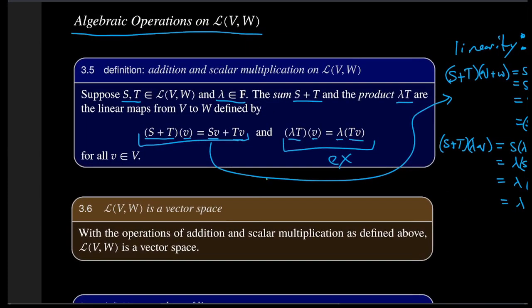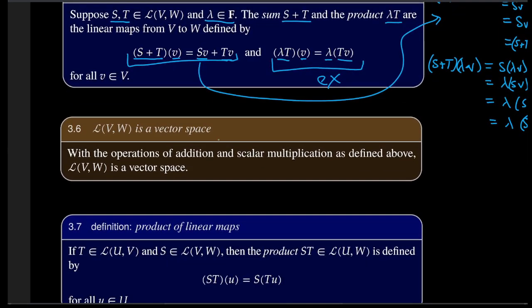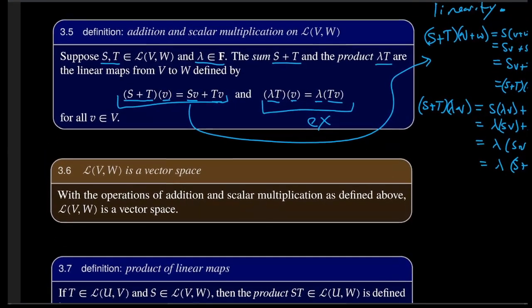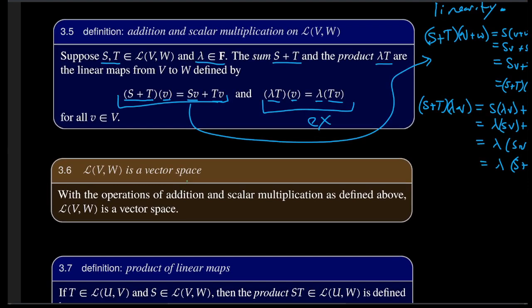But so yeah, you can take two linear maps, put them together, make another linear map. You can scale a linear map, get another linear map. Very cool. Accordingly, since we've already talked about how the 0 map is a linear map, this guy is a vector space.